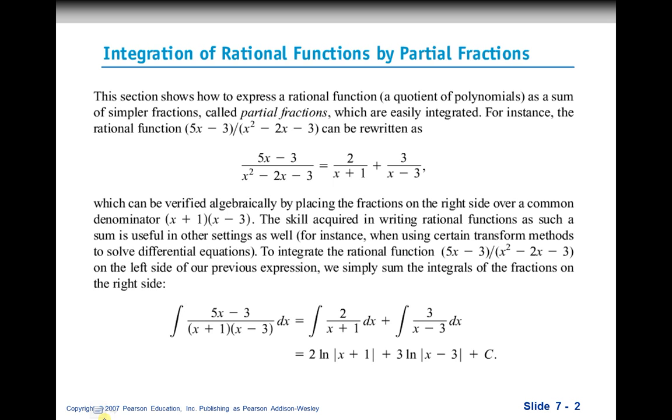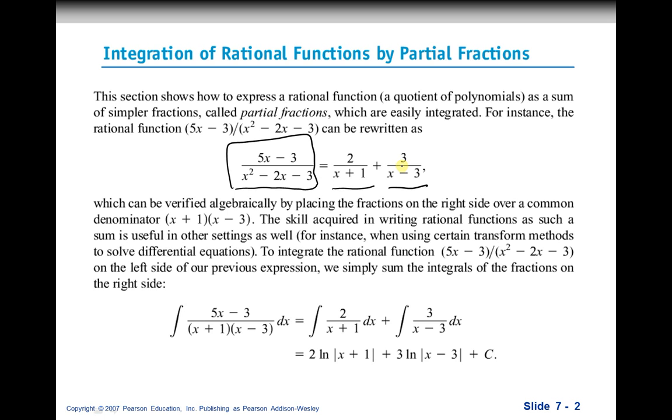You'll recall that earlier today we looked at an example of a rational function and showed that it could be written as 2 over x plus 1 plus 3 over x minus 3.